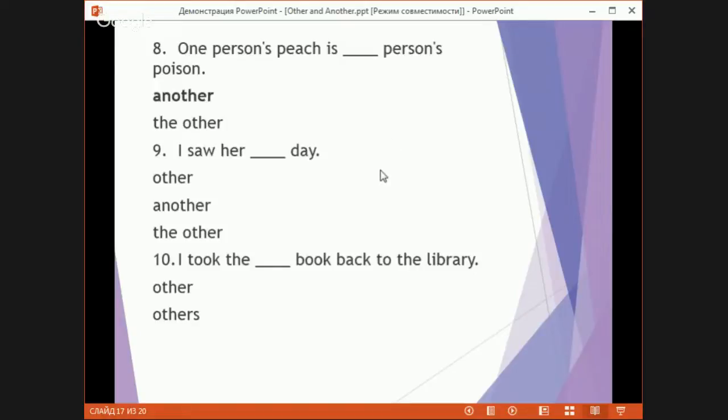One person's peach is another person's poison. This is a proverb, which means that for one person something is really nice, and the same nice thing can be really not a good one for another one.